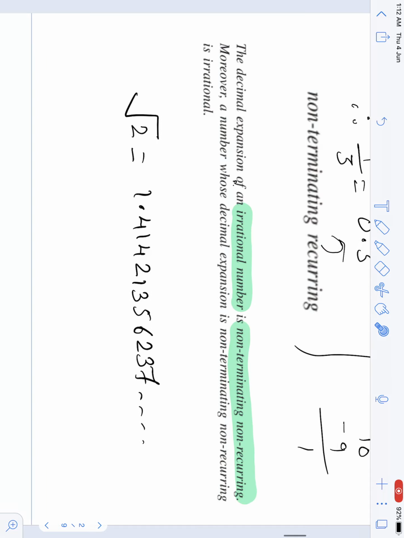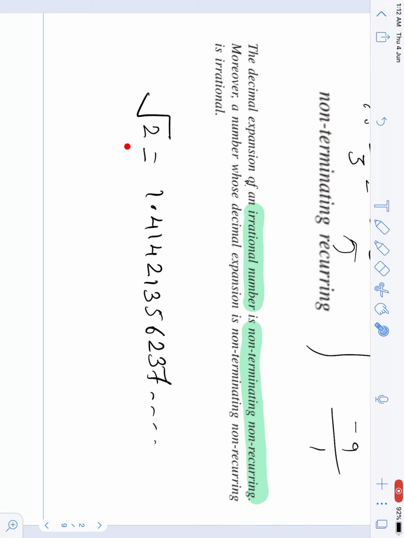For example, if you find the square root of 2, the answer is 1.414 and so on. Here you can see that none of the digits repeat in the same manner. The digit 4 is present 2 times, but after the first 4 comes 1, and after the second 4 comes 2.